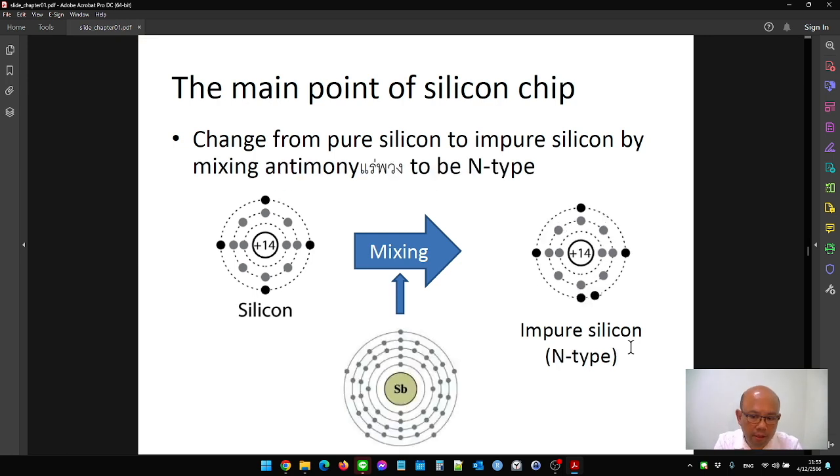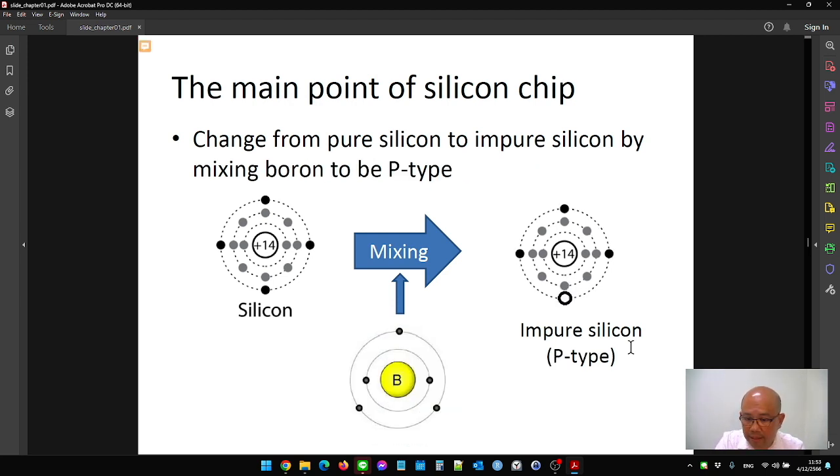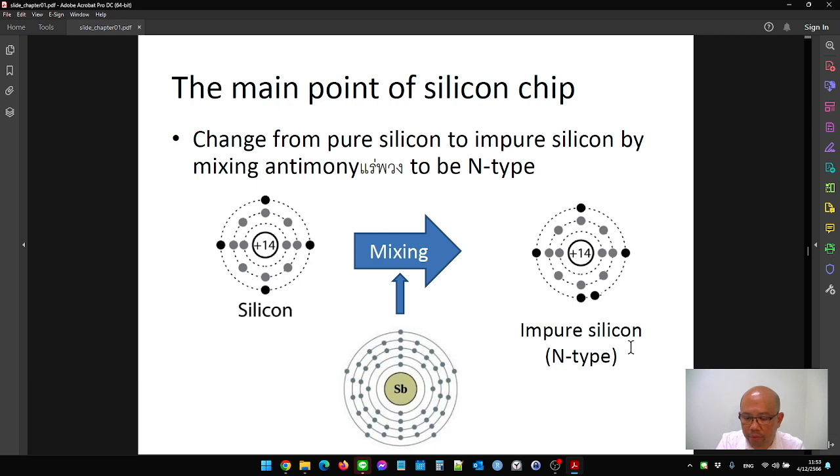Now, changing from pure silicon to n-type. This was p-type, and now we will talk about n-type. The n-type is mixed with Sb, which is antimony.